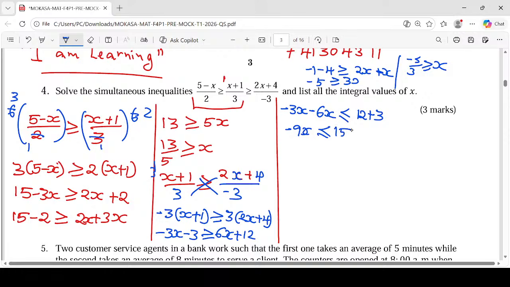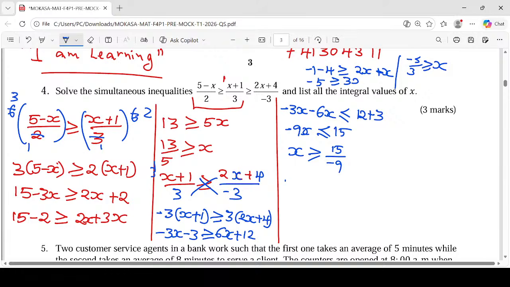So that means, when you divide through by negative 9, you're going to get now x being greater than or equal to 15 over negative 9.